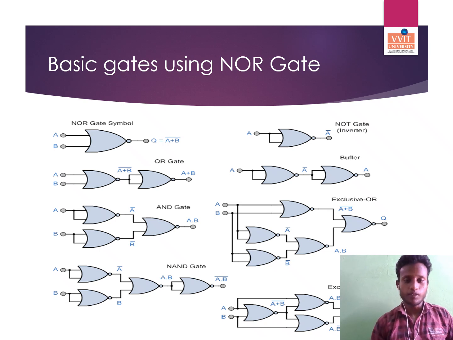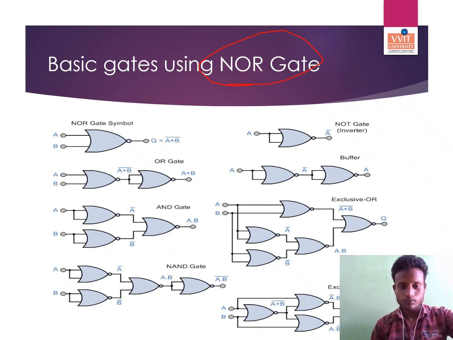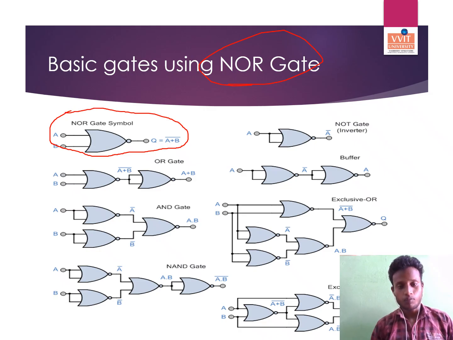Now we are generating the basic gates using the NOR gate. What is the function of the NOR gate? It gives the complement of A plus B, A plus B whole bar.